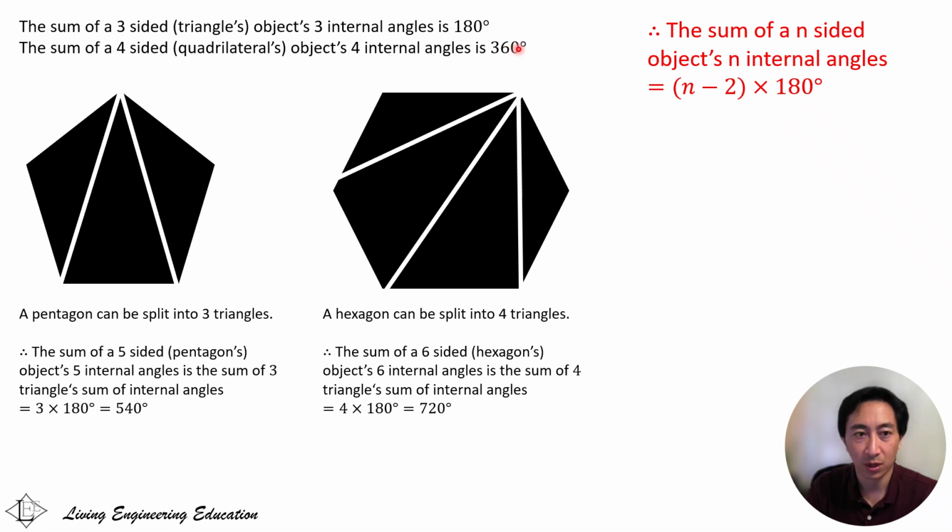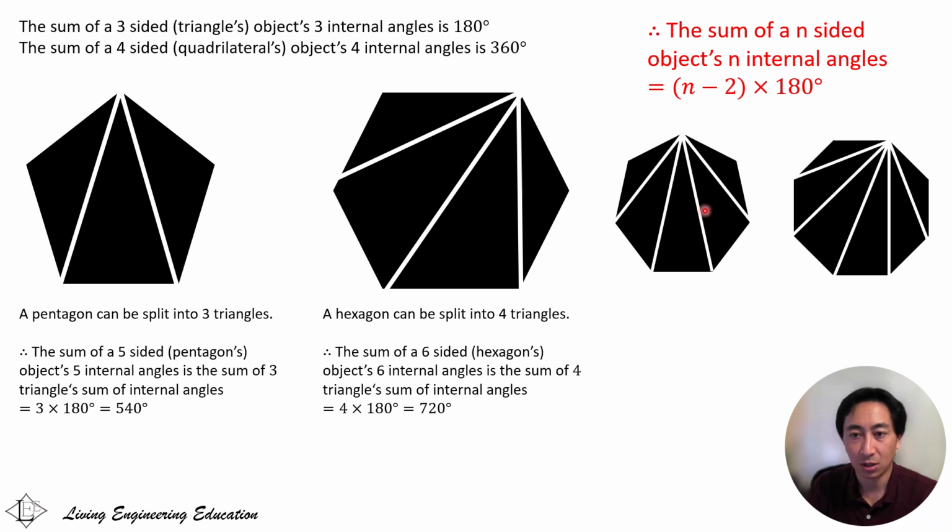A triangle, 3-sided object, 3 minus 2 is 1, 1 times 180 is 180. Pentagon, 5-sided, 5 minus 2 is 3, 3 times 180 is 540, and so forth. And we can expand this to a heptagon and to an octagon, and the same principle holds true.